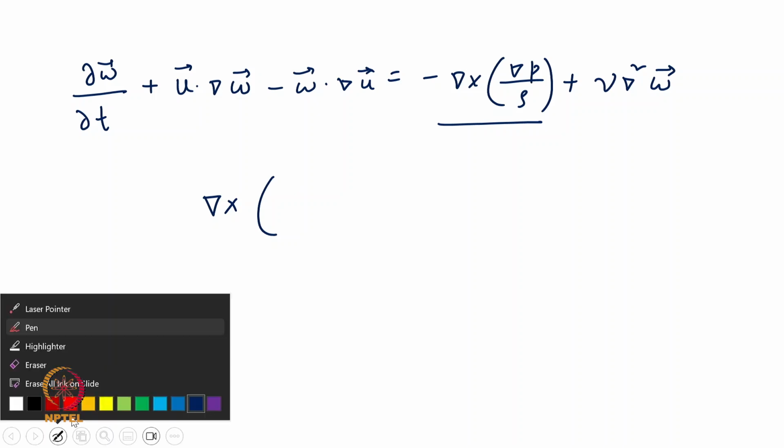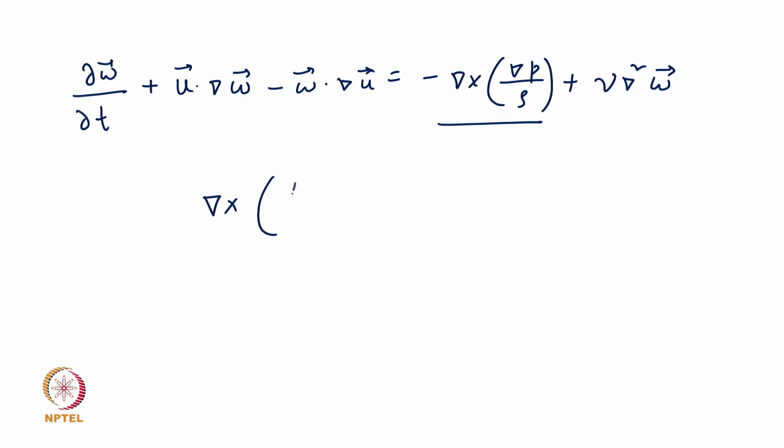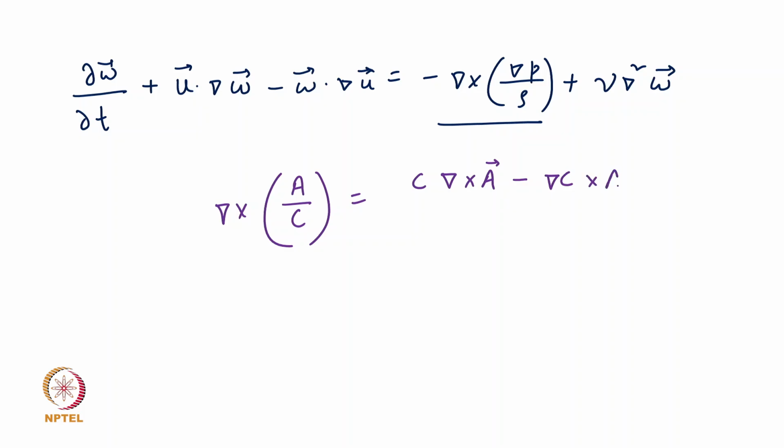This term uses the identity, so rather let's use a different ink. The curl of a vector times a scalar, where C is a scalar, is C del cross A minus gradient of the scalar cross the vector A. Gradient of the scalar makes it a vector, so we can take a cross product. That is why it's valid.